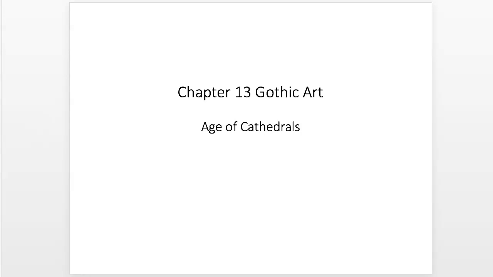The Gothic style is Western art from the mid 12th century to the 16th century. It was first used as a negative idea to denigrate pre-Renaissance art. Why do we say that? Well, because the Goths sacked Rome.